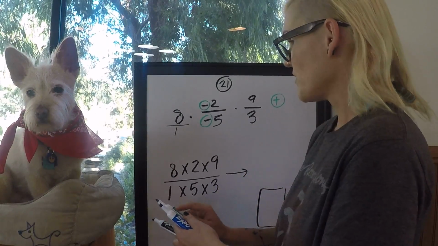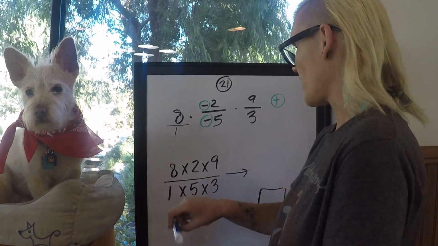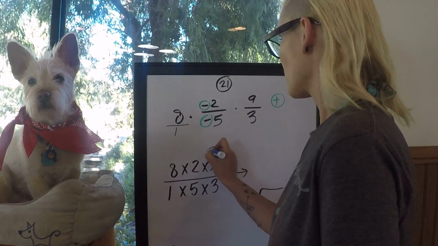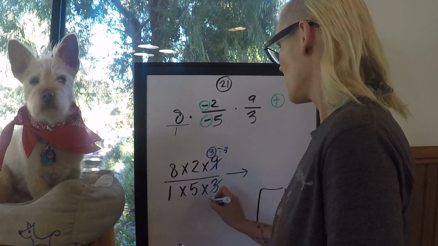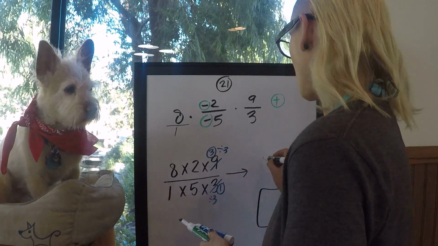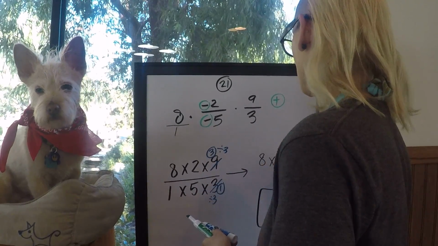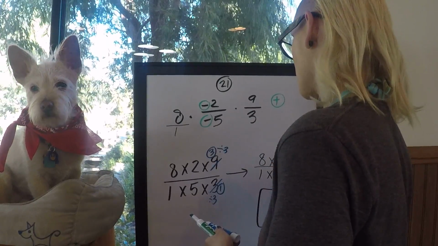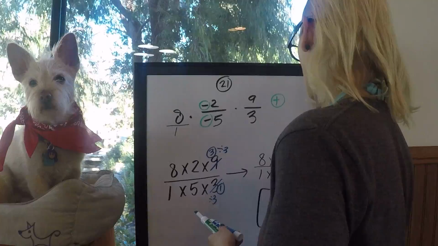All right, so on the top, what I see I can divide is by 3. Dividing the 9 by 3, I get 3. Dividing the 3 by 3, I get 1. So when I rewrite this, I get 8 times 2 times 3 over 1 times 5 times 1.